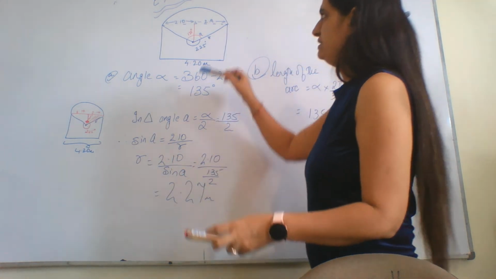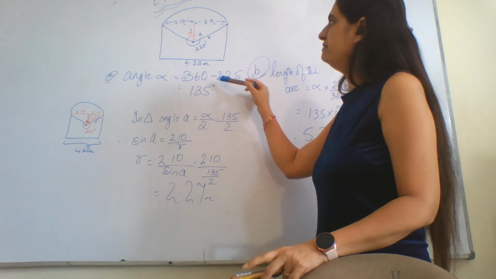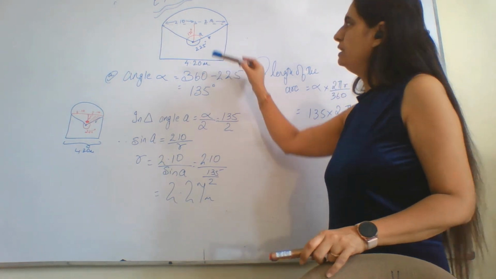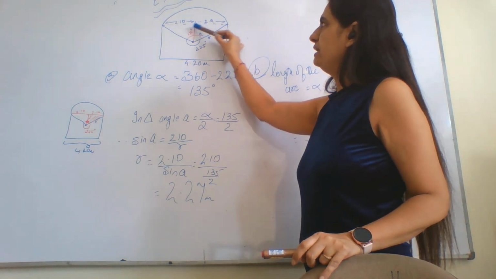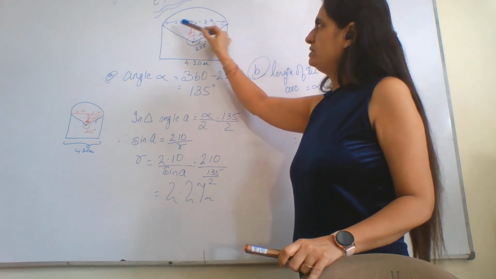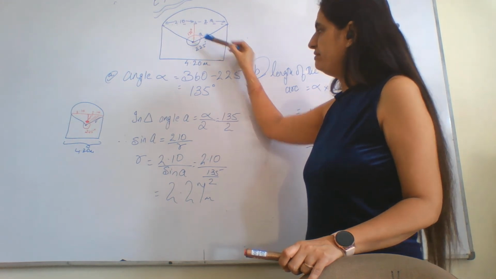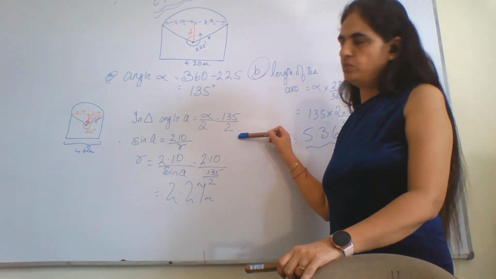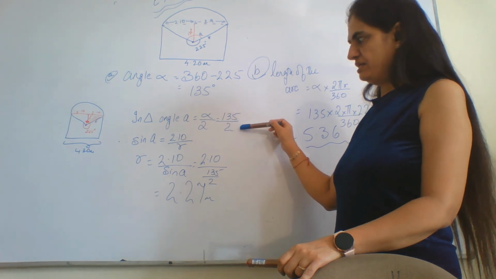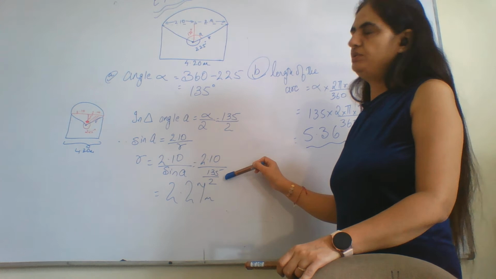So first this 225 degrees is given to me. What I do is I subtract it from 360 to give me this particular angle, which is 135 degrees. Now as I told you, I have drawn this triangle, so this angle A will be 135 divided by 2. I can either keep it the same way and use it, or find the value and then substitute here.